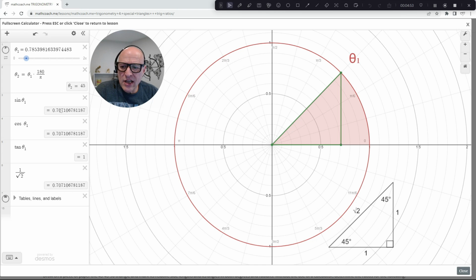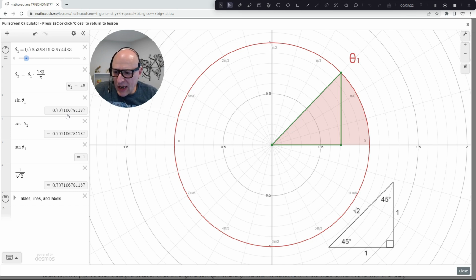So for our sine of theta, for 45 degrees, it's 1 opposite over hypotenuse, 1 over root 2. And before I leave that, cos of theta in this case, 45 degrees, is also 1 over root 2. Okay, and I can see the same value for both sine of theta and cos of theta, 0.7071 and so on, right?